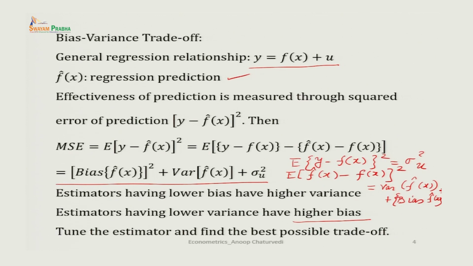So, there is a trade off between bias and variance, and then we tune the estimator and find the best possible trade off, and you get the best possible trade off when the MSE is as small as possible. So, you try to reduce the MSE.